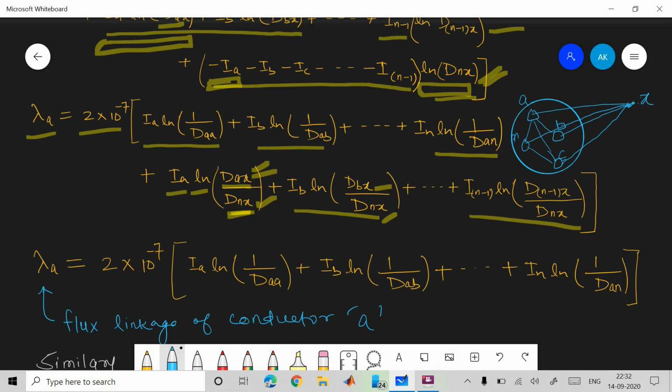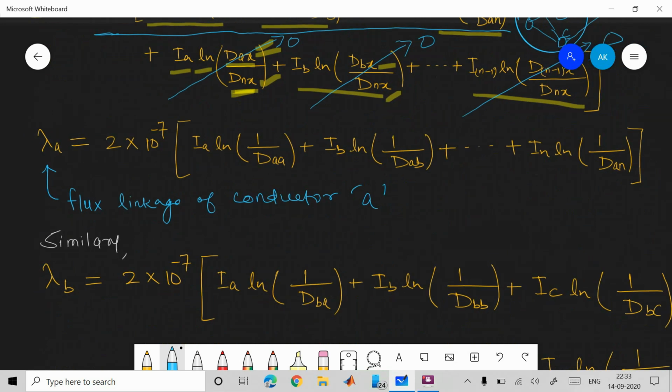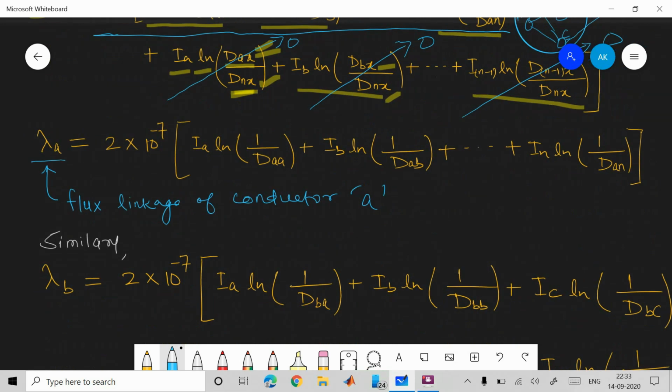So these terms will become 0, these terms will become 0, these terms will become 0. So the only term left will be this one. Okay, only the term from here to here will be left. So that I am writing here as lambda A. You can see it as 2 into 10 raised to the power minus 7 IA ln 1 by dAA, IB ln 1 by dAB, plus and so on, up to IN ln 1 by dAN.